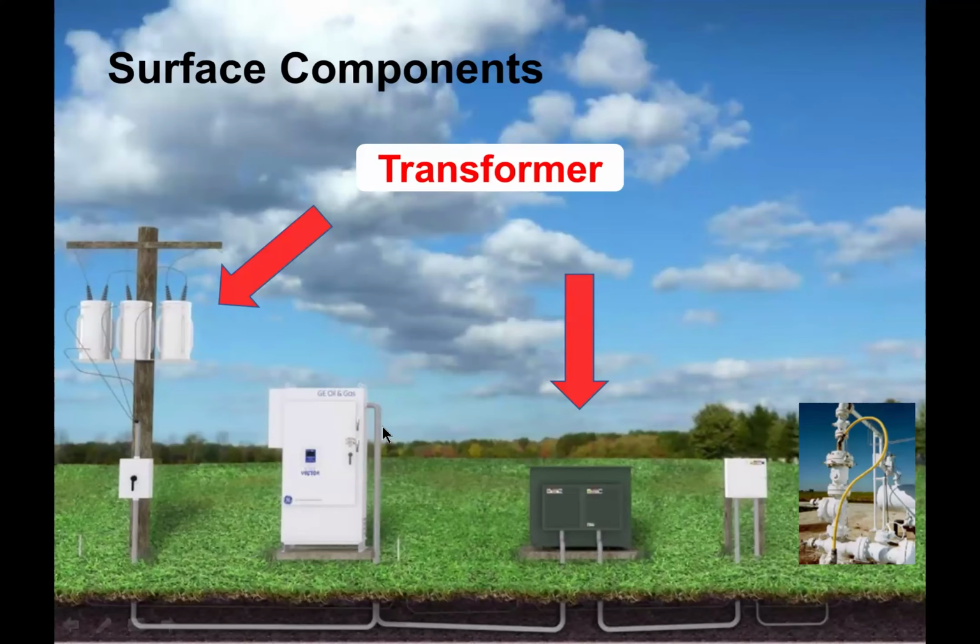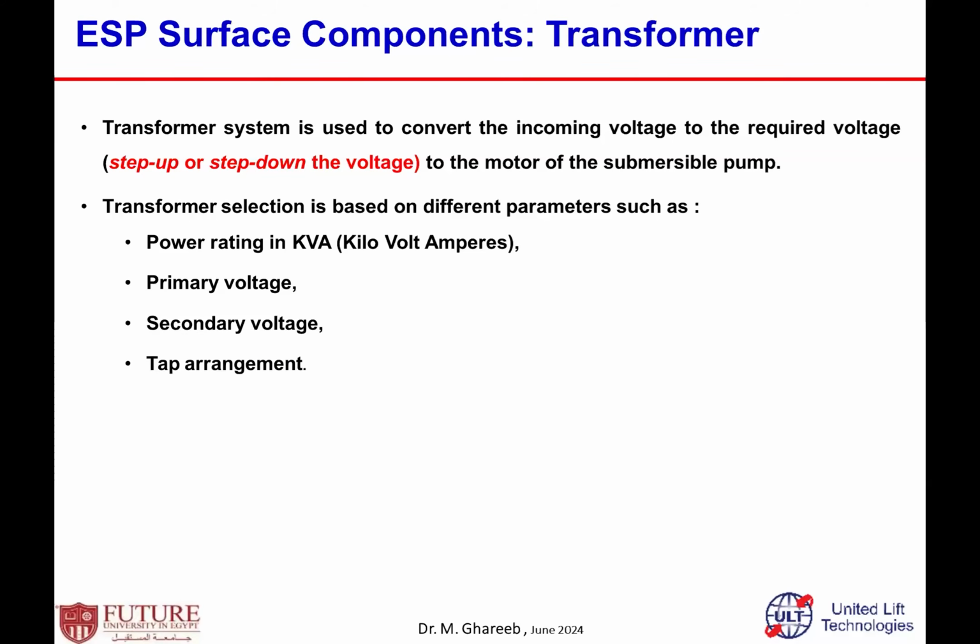Taking into consideration the volt drop across the cable from the surface to the motor, I have to feed the motor from the surface with the required volts: the volts required to run the motor plus the volt drop across the cable from the surface to the bottom of the motor. The transformer system is used mainly to convert the inlet volts to the required volts.